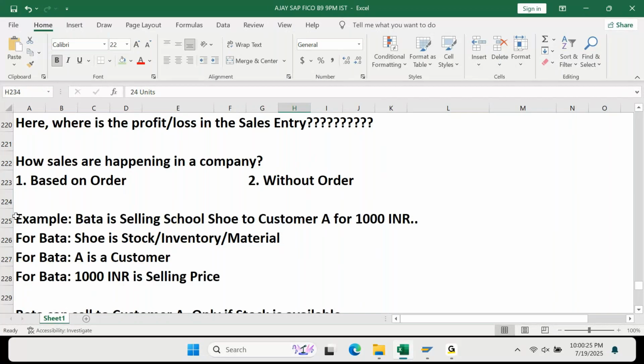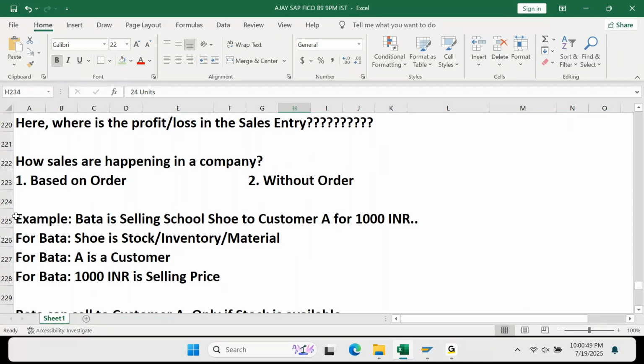Sales order. If you are selling, it is called a sales order. So you will create a sales order. Based on the sales order, you will deliver the product. Whatever product you are delivering, you need to do a stock out. You'll have to reduce it from your inventory. And then you need to create an invoice.